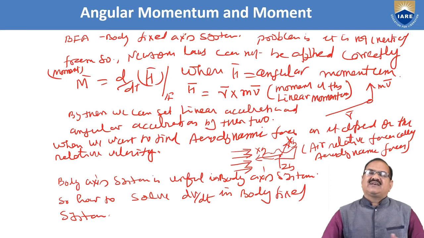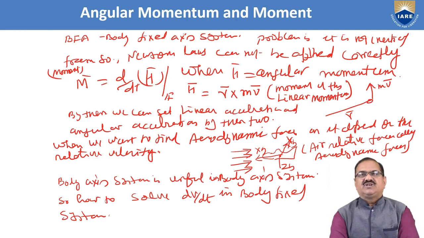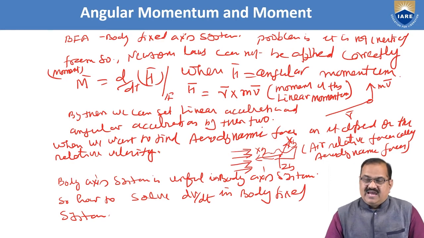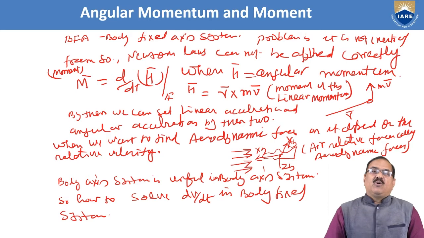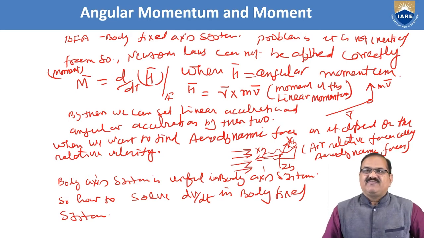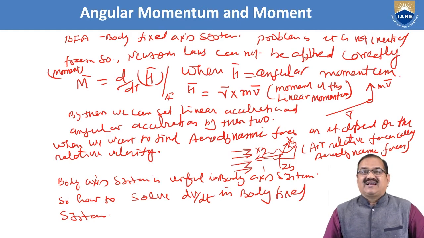Now, some basic parameters which will be used in our next classes I am going to discuss today. Here, angular momentum and moment. The problem with the body fixed axis system is that it is not an inertial frame, so Newton's law cannot be applied correctly and directly.